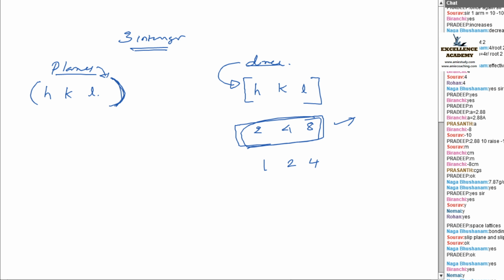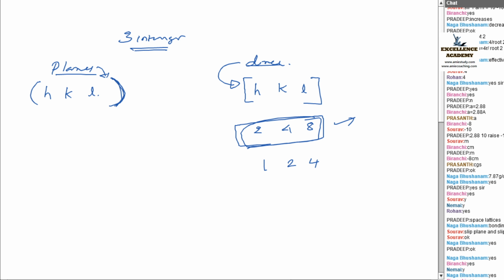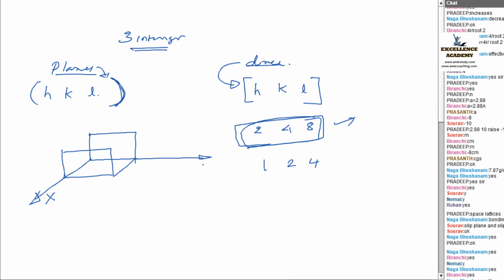Okay. Next, one doubt I am going to ask. Listen carefully. I am drawing a cube here. This is my x-axis. Always we are using this notation. This axis will always be our x-axis. And this is the y-axis.